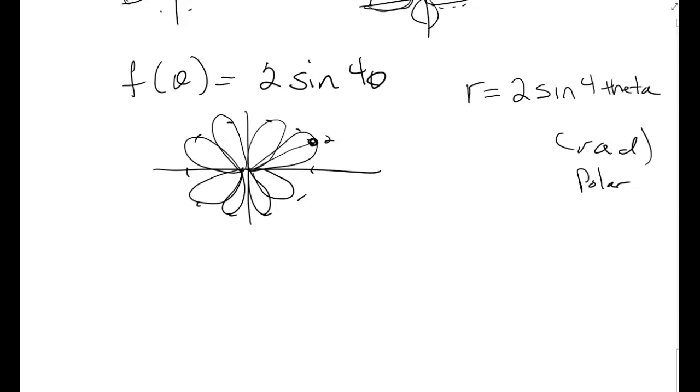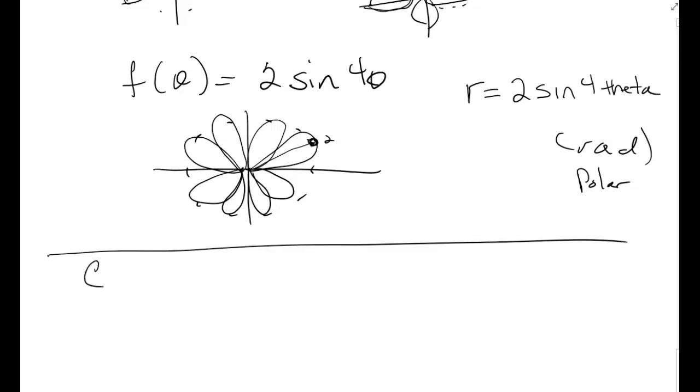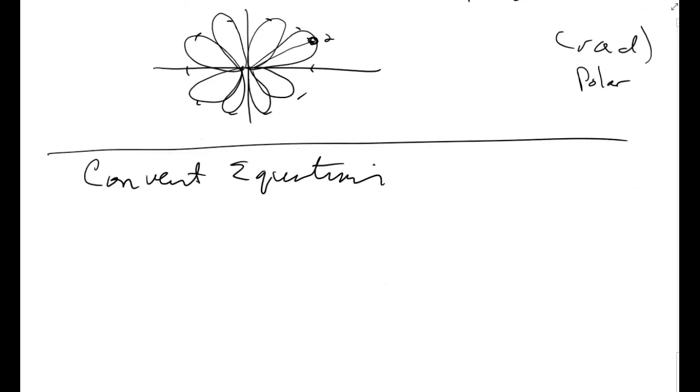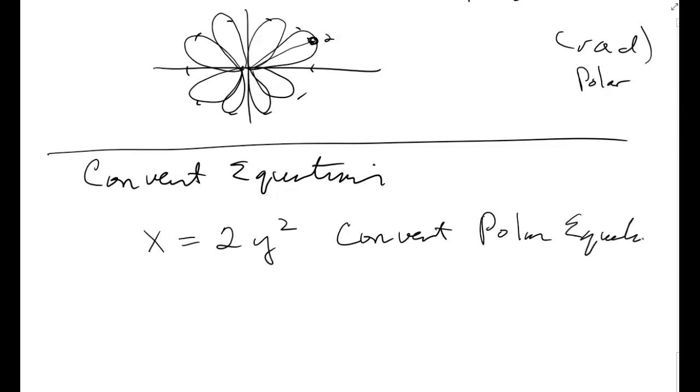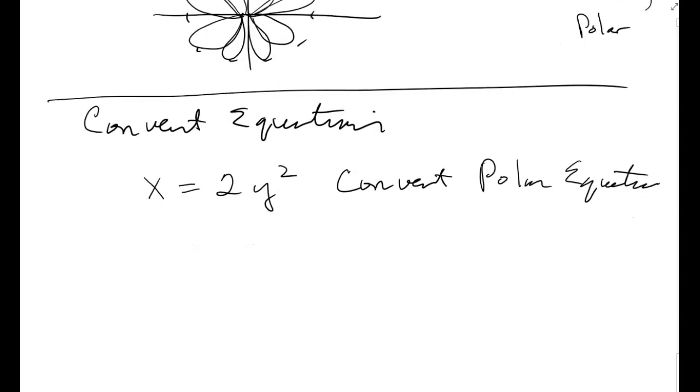Now, the same way we converted coordinates, we can convert equations. So what does that mean? Suppose I had x equals 2y squared, and I want to convert to a polar equation.